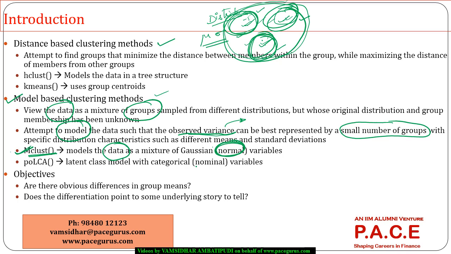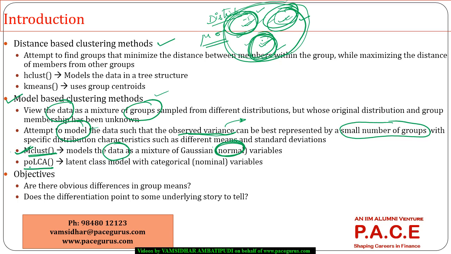It segregates the groups based on the assumption that the overall data is actually a composition of two or more different kinds of groups, with different statistical properties associated with each of these groups.